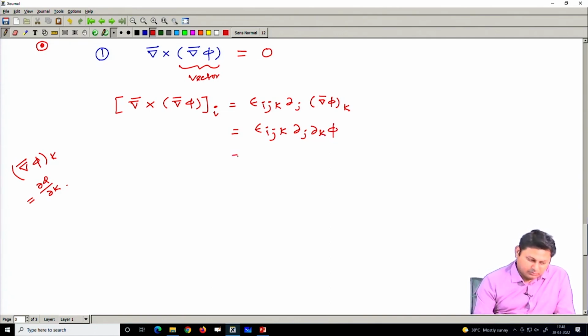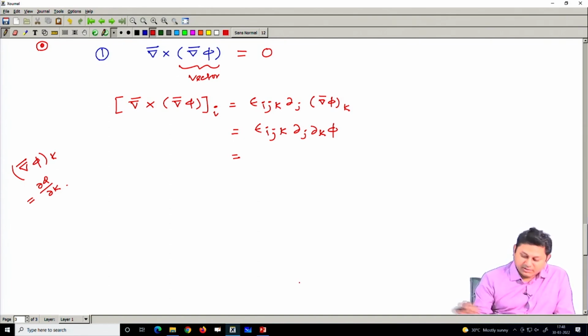Now, what I do is, here how many indices are there? You can see that j and k are repeated indices. I am writing in Einstein notation.